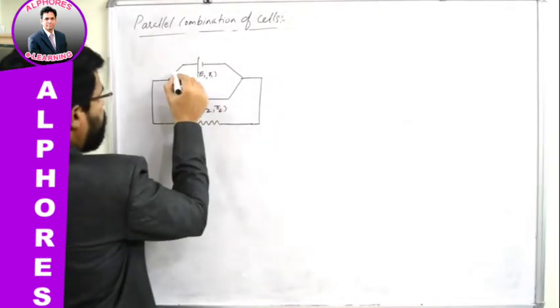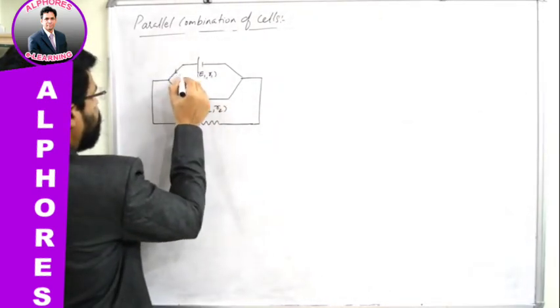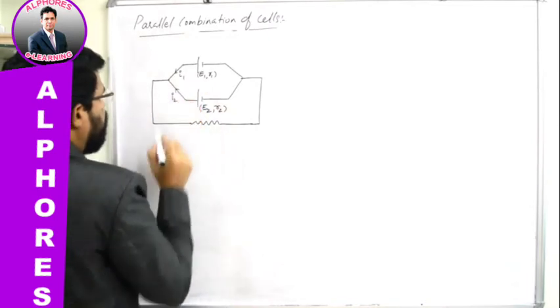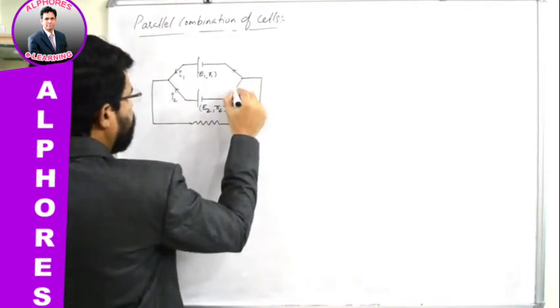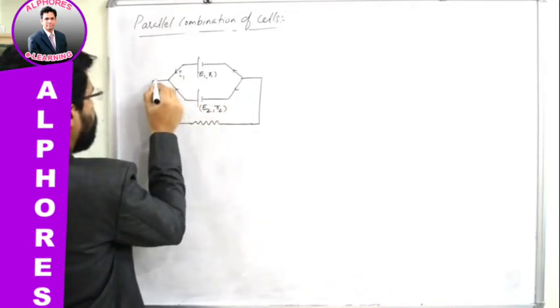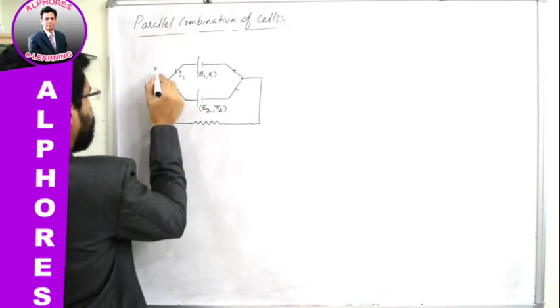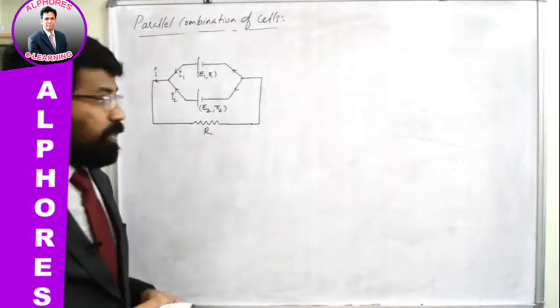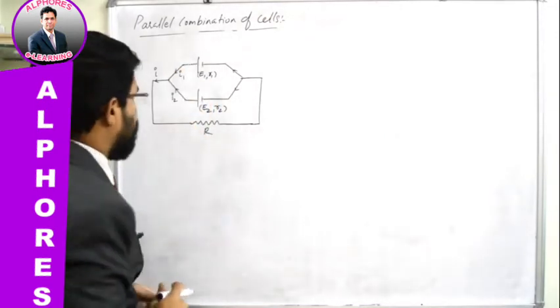Let current through this branch be I1, current through this branch be I2. After they reach this junction, both will meet, and let us say the total current in the circuit is I. Current passing through this resistor R is how much? I. So this is the picture. Here both these two cells are connected in parallel combination.